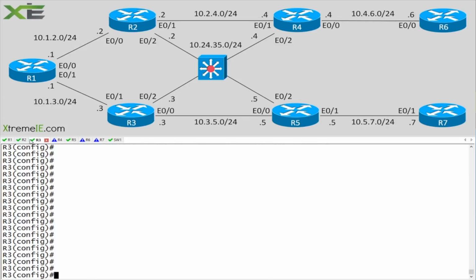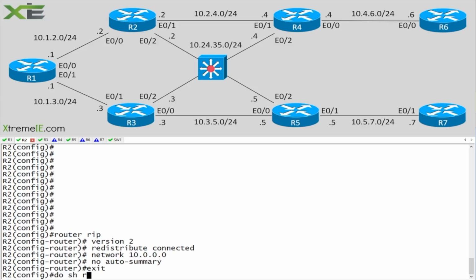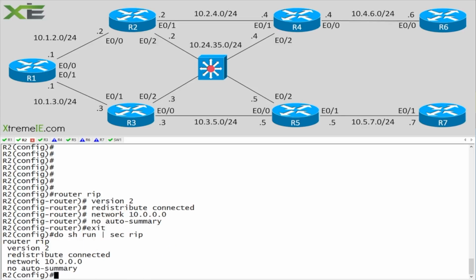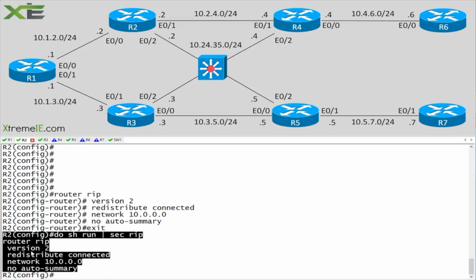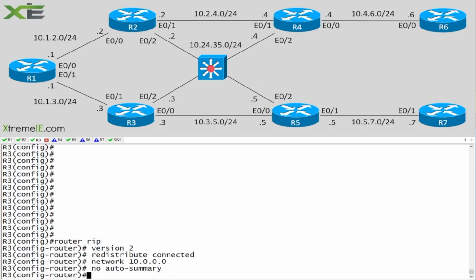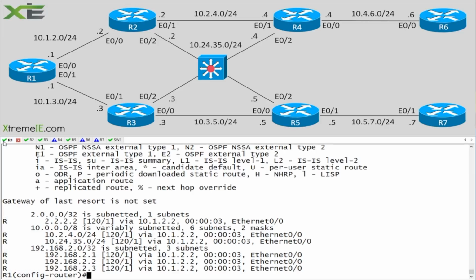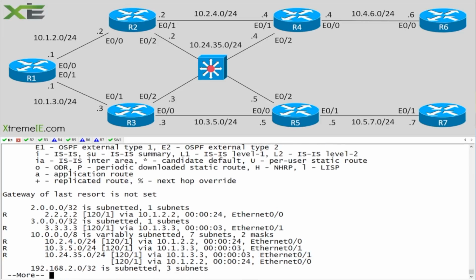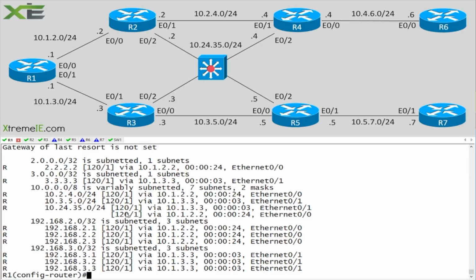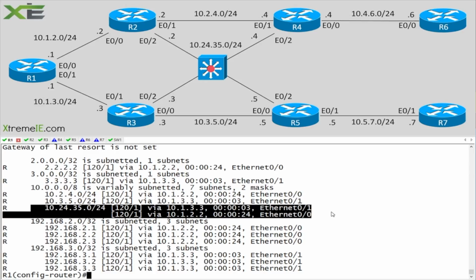Let's actually also do this on router 3, just in case we decide to use it. Okay, bingo.